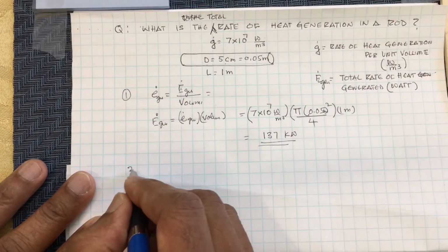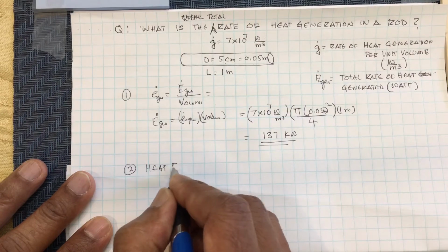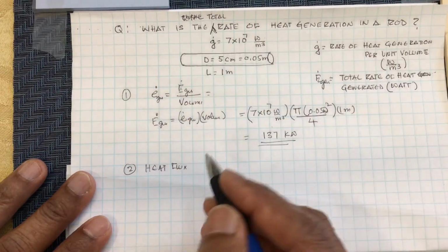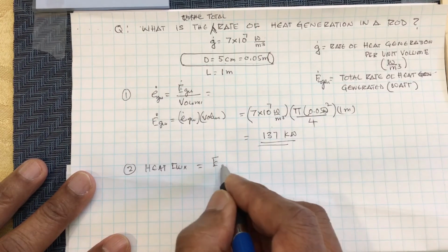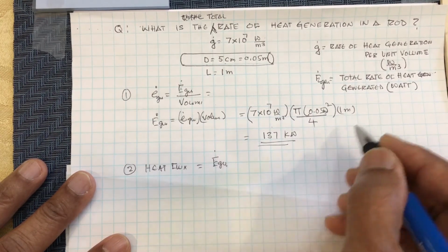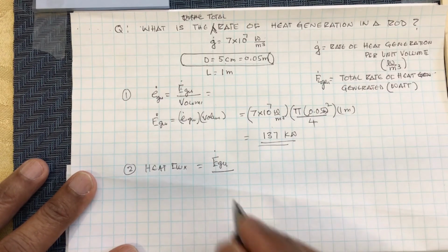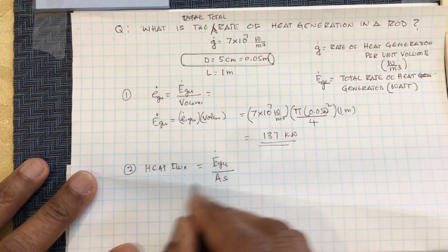What is the second question? He wanted to know the heat flux on the surface of the rod. What is the heat flux? The formula for that needs the total heat generated first, which is already calculated, divided by the surface area of the rod.